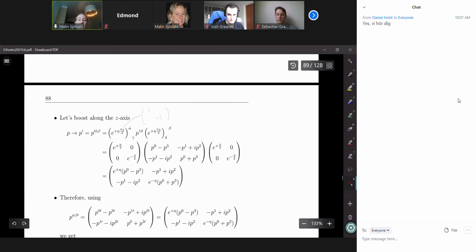So those terms will cancel, and it will be exactly what it was before. Similarly, this element down here will pick up one plus and one minus and be mapped to itself. And this element here will pick up a minus from here and a minus from there, so we will have e to the minus eta times what it was before.